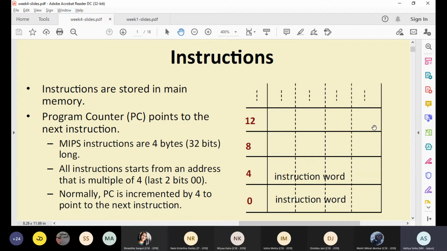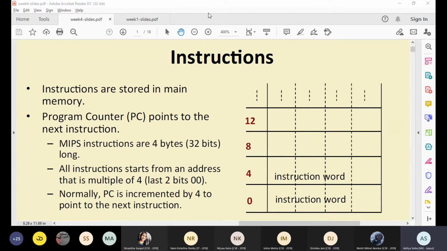Anyone wants to add anything to it? Can anybody tell me what are the major types of registers inside the processor?